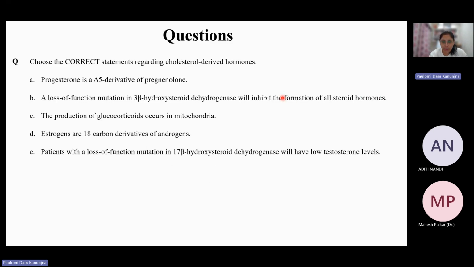Okay, the last question of this segment. So you have to choose the correct statements for cholesterol derived hormones.